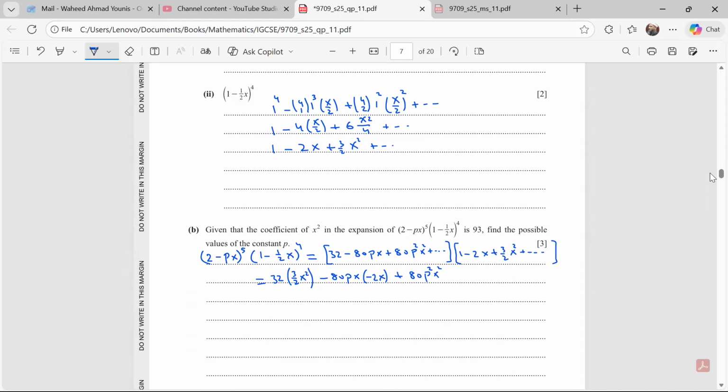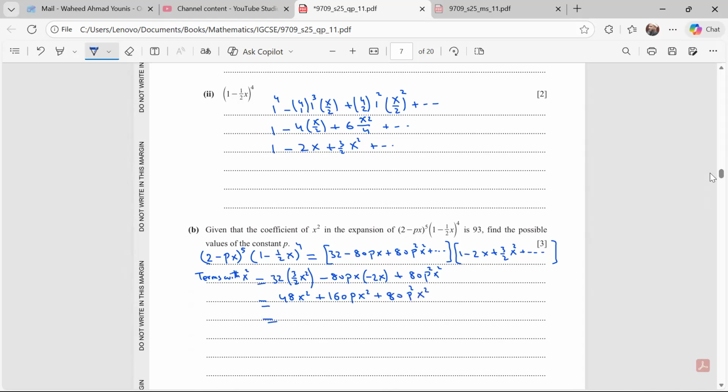So I will say that terms with x square are equal to these three terms. Let's simplify them together. So this is going to be 48x square, minus minus plus 80 times 2 is 160 px square, and plus 80p square x square.